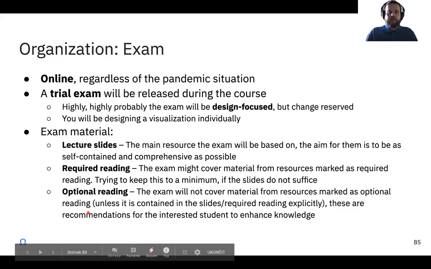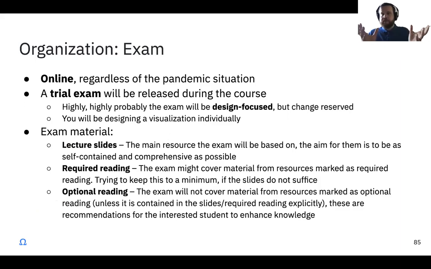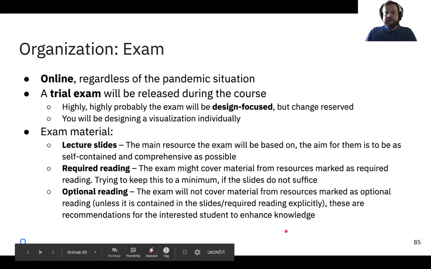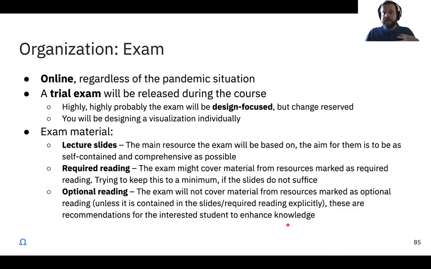And there's going to be a lot of optional reading, which the exams will not cover, unless excerpts from that optional reading are part of the slides or required reading, of course. These are pretty much recommendations for the interested student to enhance knowledge. So my recommendation for optional reading is, for example, the blog post, let's say.